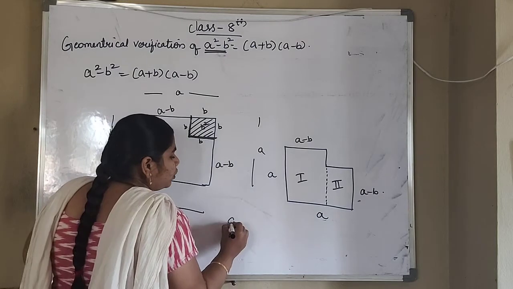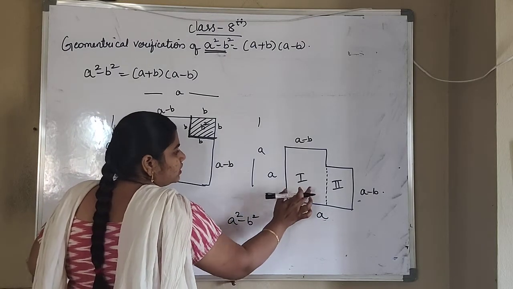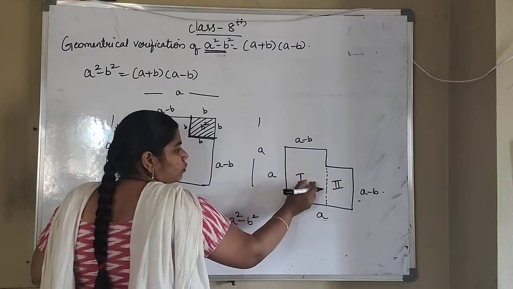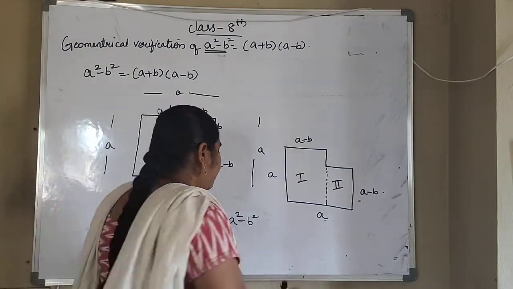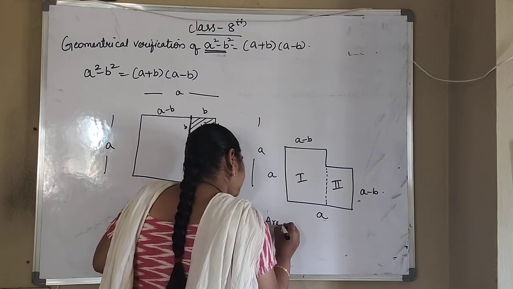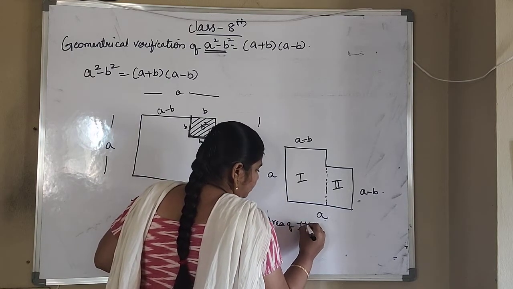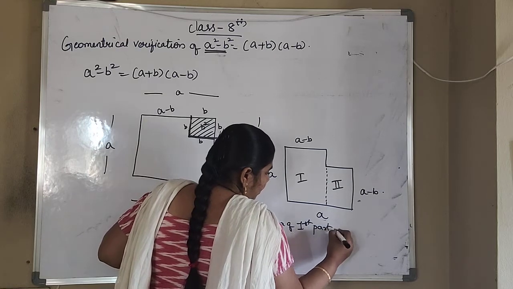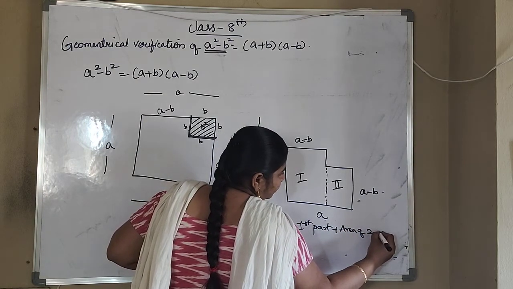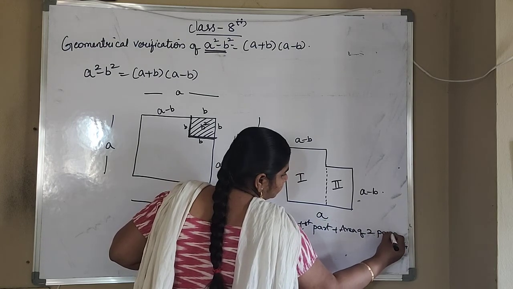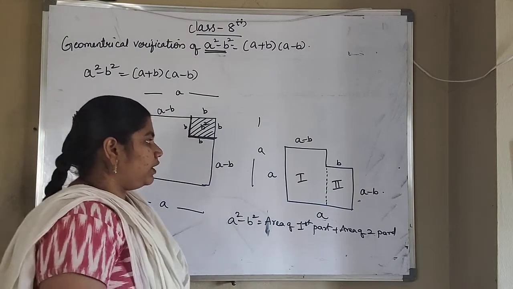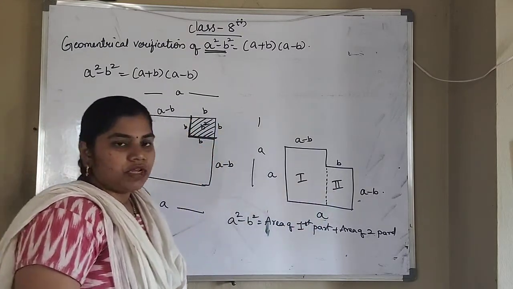So we have a square minus b square, which is the figure divided into two parts. We have to find the area of the first part plus the area of the second part.